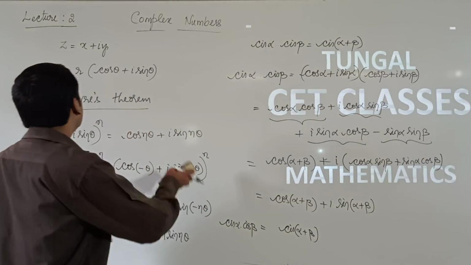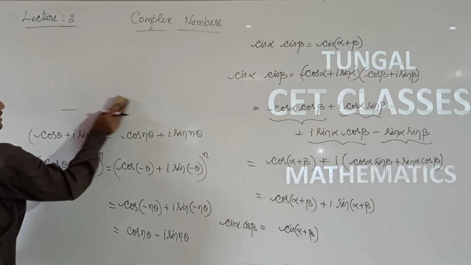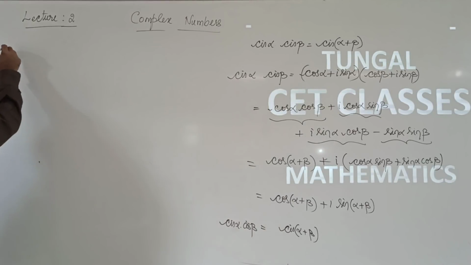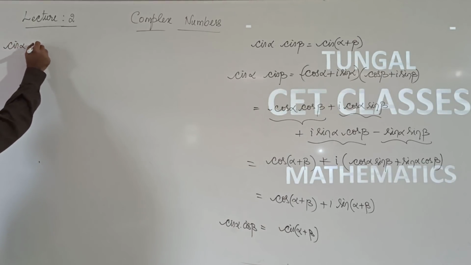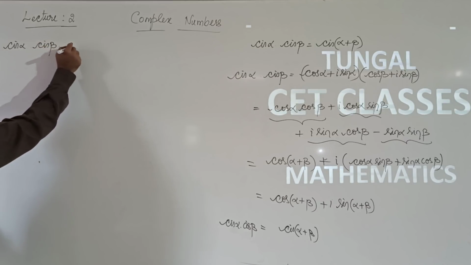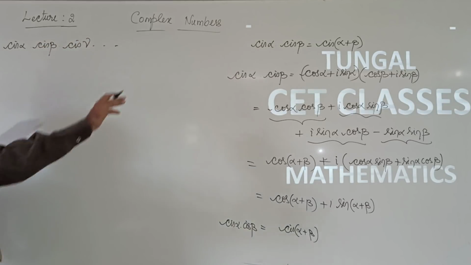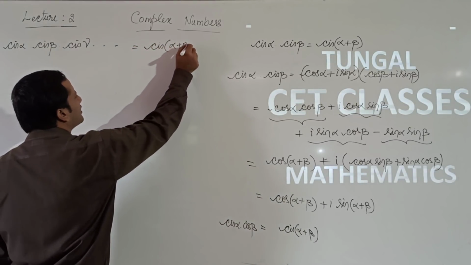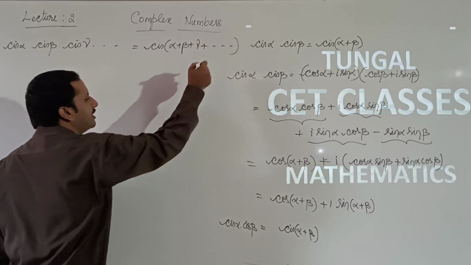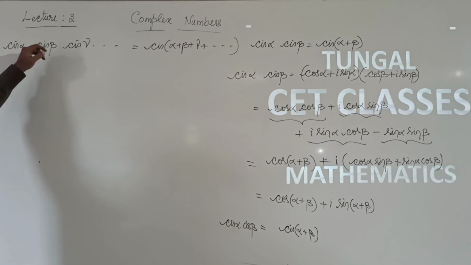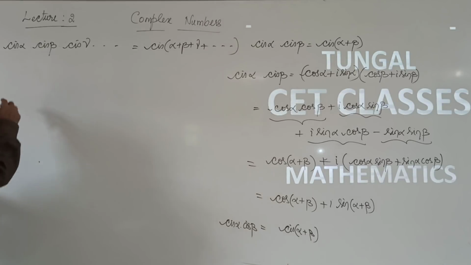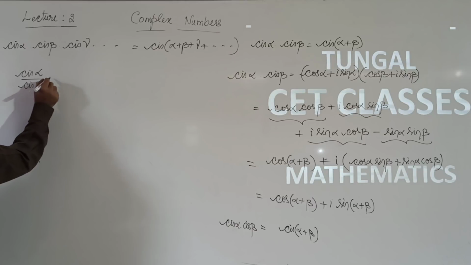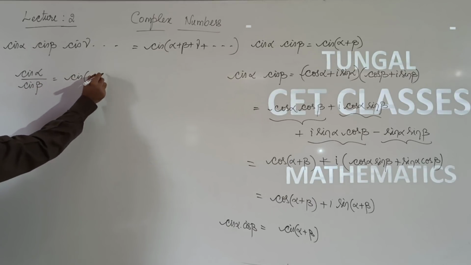Okay. Actually we can extend this result also. That is, instead of alpha and beta, if we have some more, cis alpha into cis beta into cis gamma into cis delta, and so on, then we can write this product as cis of alpha plus beta plus gamma plus delta, etc. So in this way, then further we can write cis alpha divided by cis beta as cis of alpha minus beta.